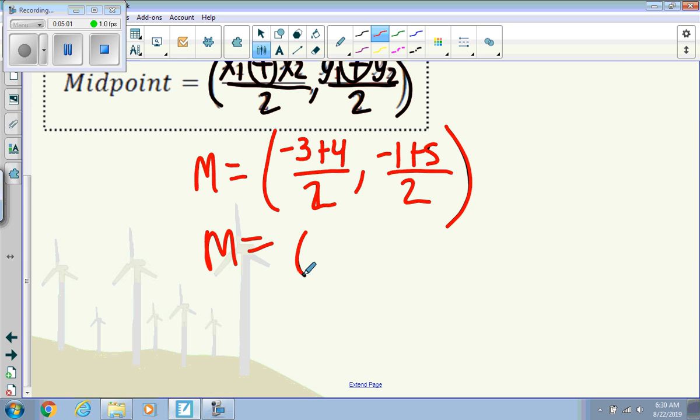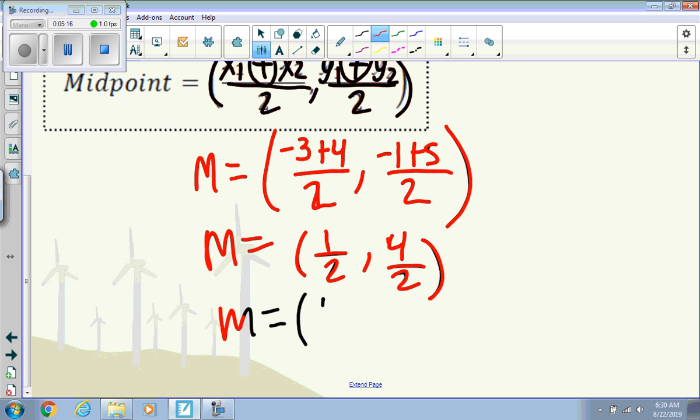So we have 1/2. And then -1 plus 5 gives us a positive 4. And 4 divided by 2 would give us 2. But let me write that step out. All right, so our final answer there would be 1/2 and 2.